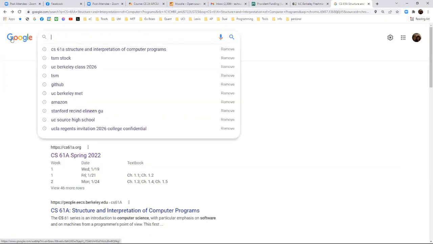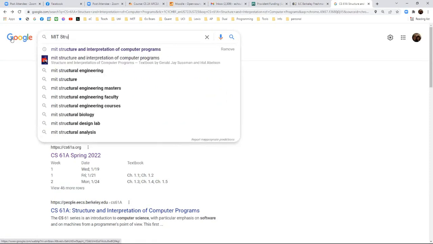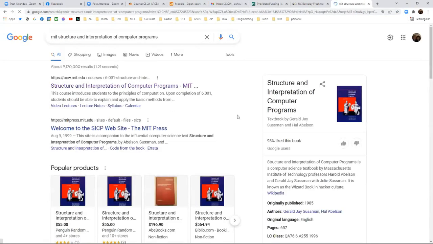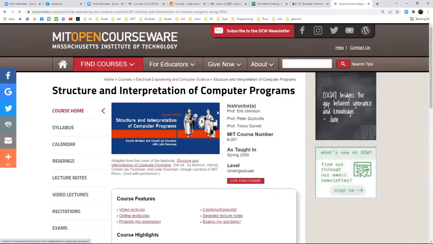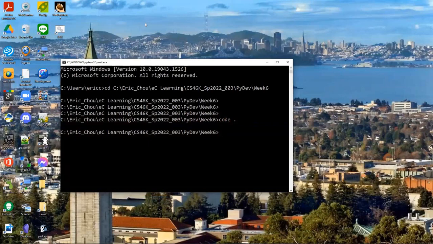It was also taught by MIT. Originally, the book was written by MIT and they have a course there. This course has existed since the 1980s, so it is a very famous and long-running course.